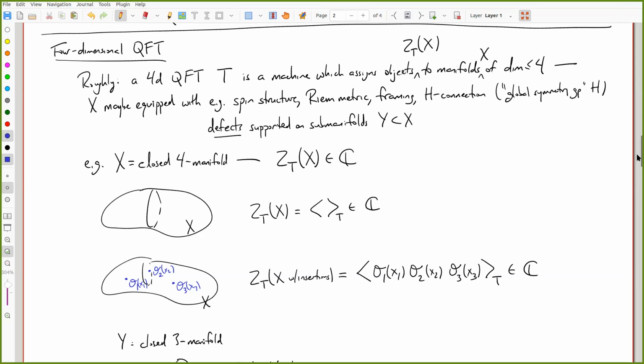They're issues of regularization as operators get close to each other. What do you even mean by a local operator at a point? Some of these questions have been answered to the extent that one can compute the running of the gauge coupling with scale, which has to be there for any mathematically reasonable treatment.